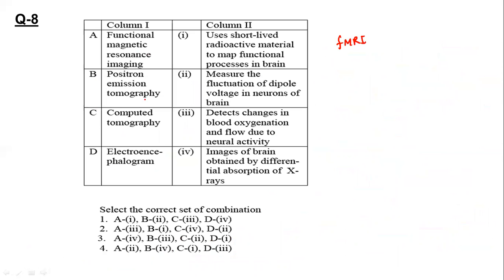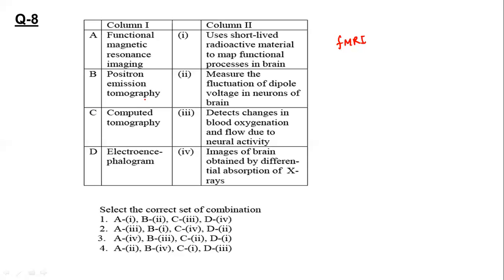EEG, electroencephalogram, is actually used for the different brain wave activity, or electrical activity of the brain. From EEG, we can analyze the alpha, beta, gamma and delta waves in our brain. Different types of brain waves, or electrical activity of the brain, can be analyzed by EEG. And fMRI, the functional MRI, is different from magnetic resonance imaging in that here we can detect which area of the particular brain is more active during a particular task.